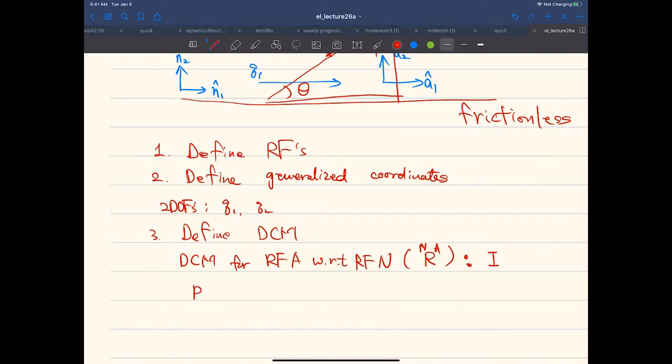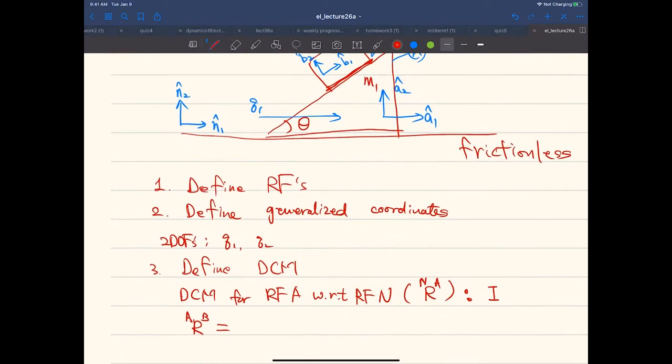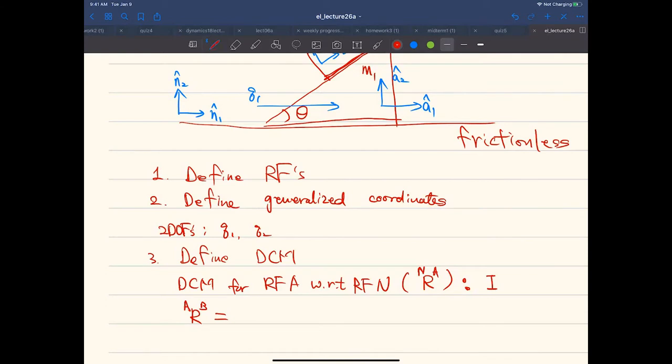Now in this case, rotation matrix of reference frame B with respect to A. So what is it in this case? It's rotation by theta about what axis? Z-axis, right?